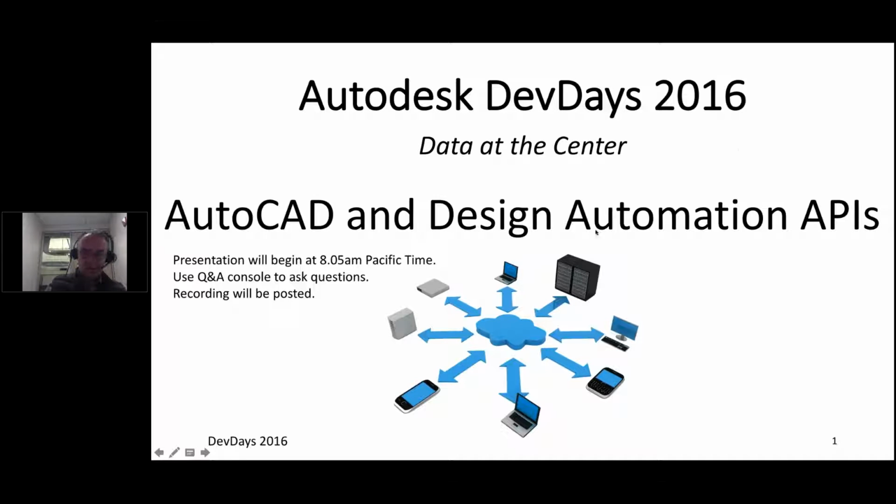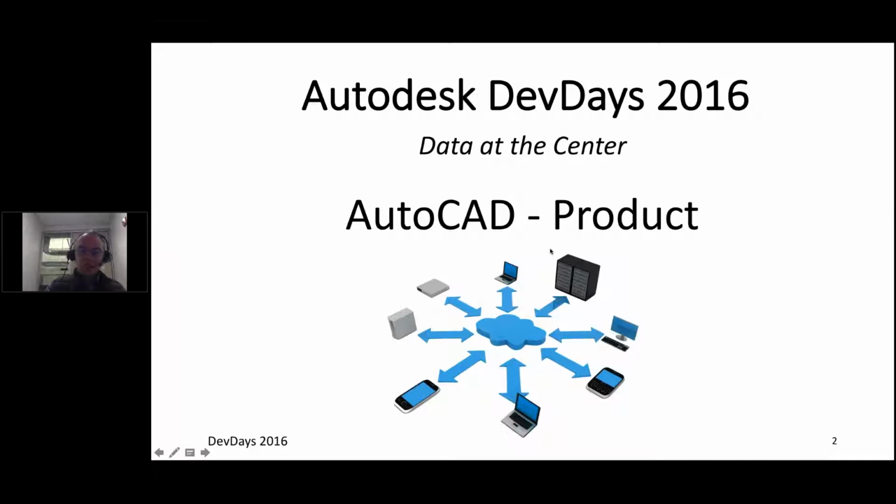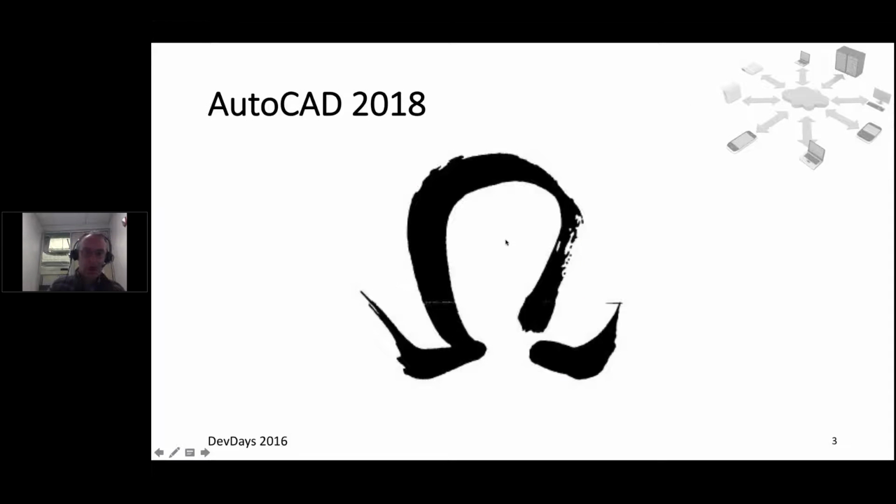Okay, so let's get going. I'm going to talk a little bit about the product, which really means the release cycle and the APIs. The code name for this year's release is AutoCAD Omega, but all our customers will know it as AutoCAD 2018.